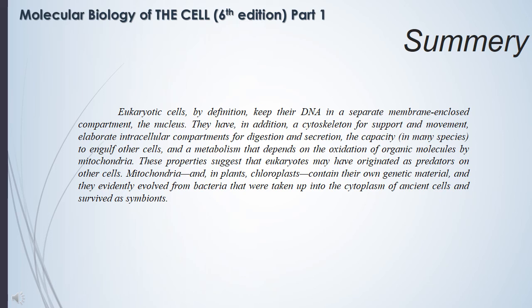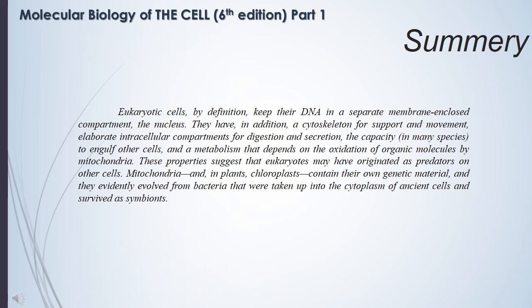So, in summary, the eukaryotic cells have DNA which is separated into its own organelle, the nucleus. Eukaryotic cells have cytoskeleton, which are polymers of proteins that provide cell structure, motility of the cell, and they define the shape of the cell. Eukaryotic cells are complex and they have elaborate intracellular components.